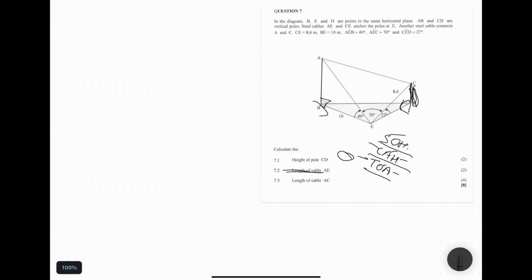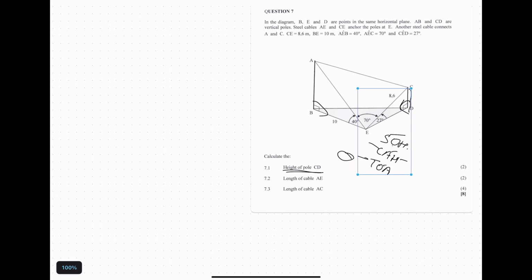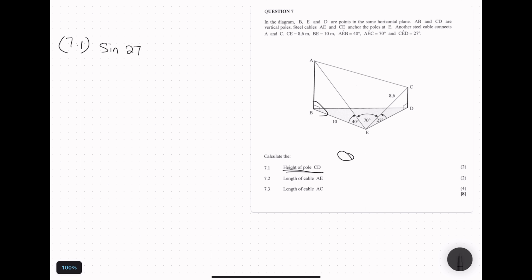If you look at CD, you'll notice that CD is in this right triangle with 90 degrees. So to solve this, we say sine 27 degrees equals CD over 8.6. Why sine? Remember SOHCAHTOA.